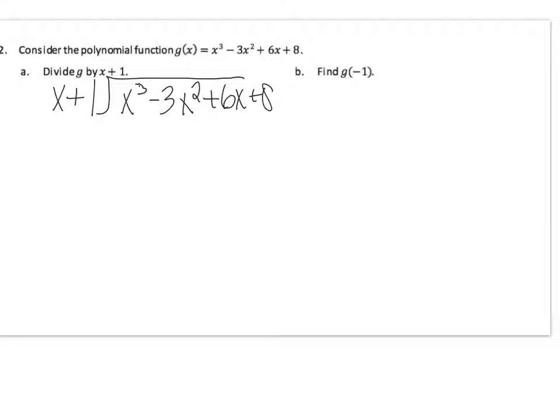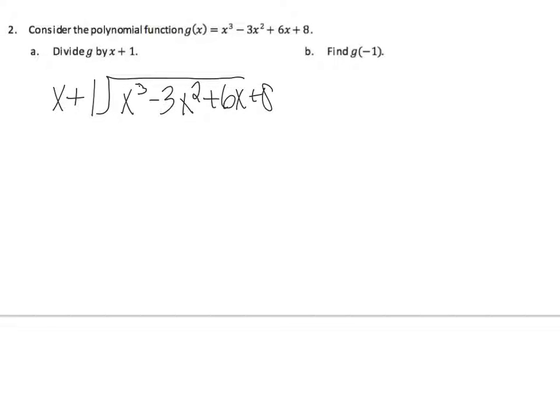Right, so I have x squared. That gives me x cubed plus x squared, negative 4x squared plus 6x.